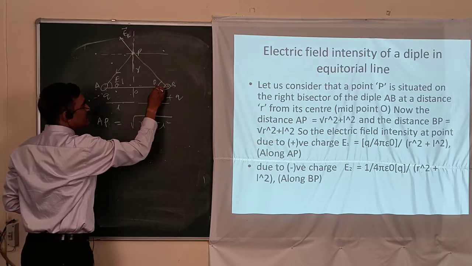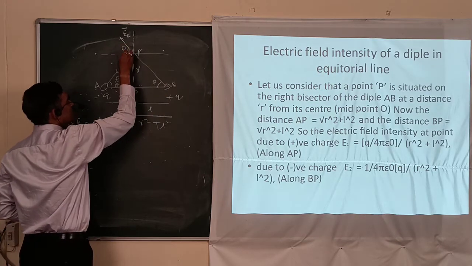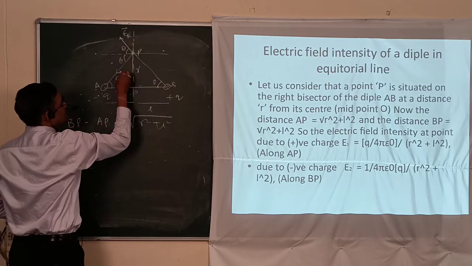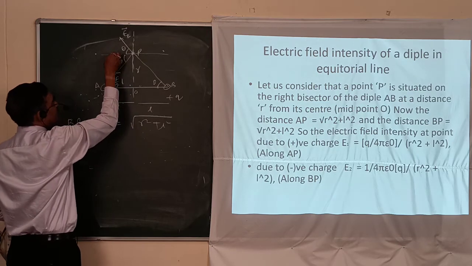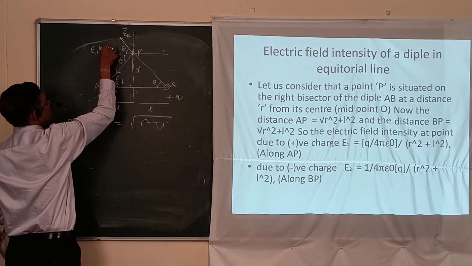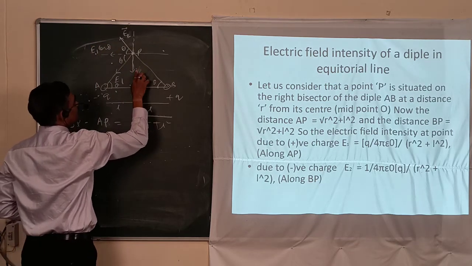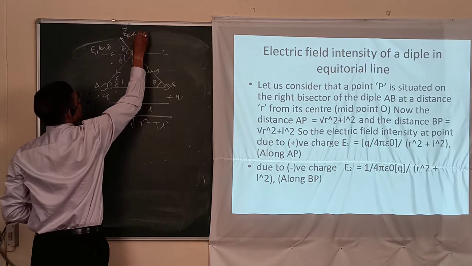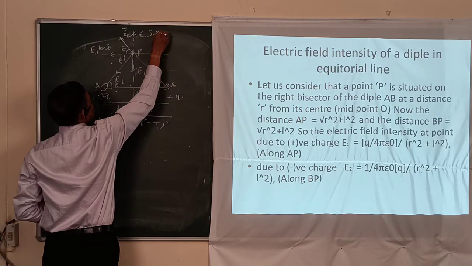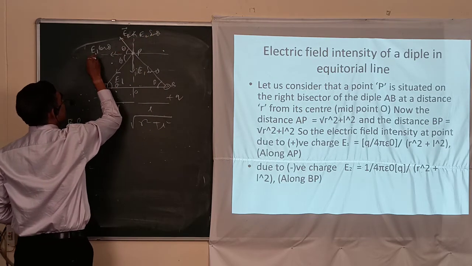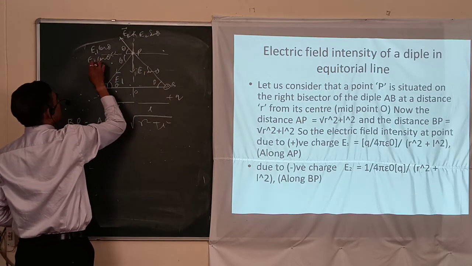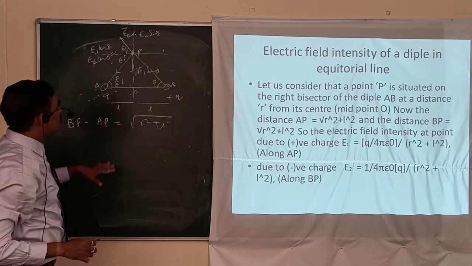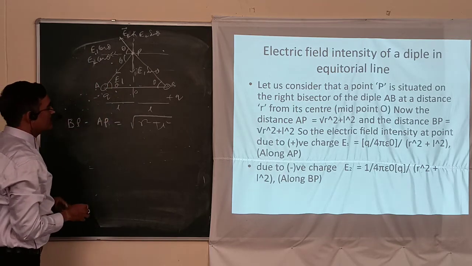The resolved parts of E1 will be E1 cos theta and E1 sin theta. Similarly, E2 is resolved into E2 sin theta and E2 cos theta. So these are the resolved parts.